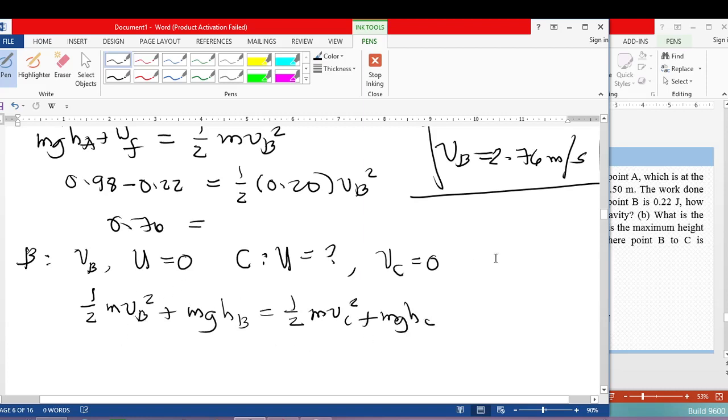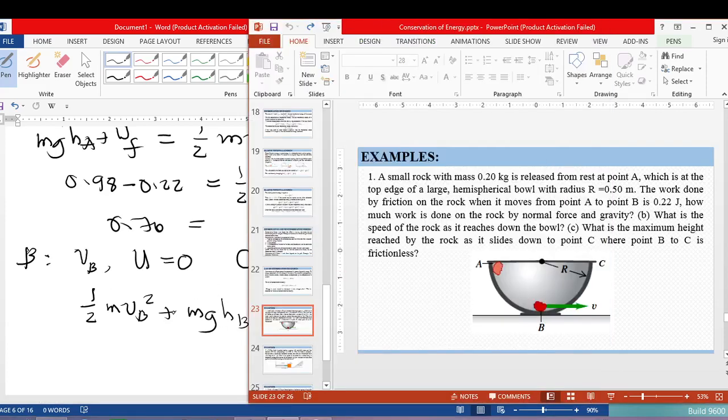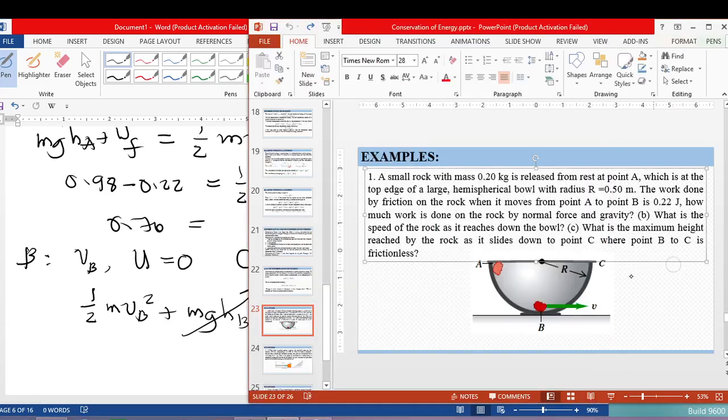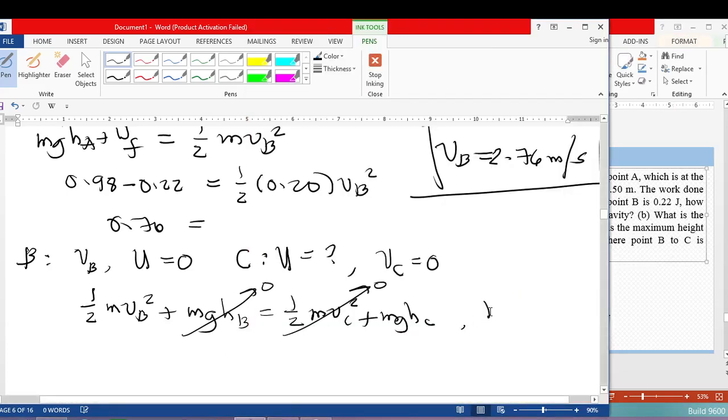From point B to C, this is the initial, this is the final. There is no potential energy at point B, so this is 0. And there is no kinetic energy at point C, so this is 0. So we have to find the maximum height, or HC.